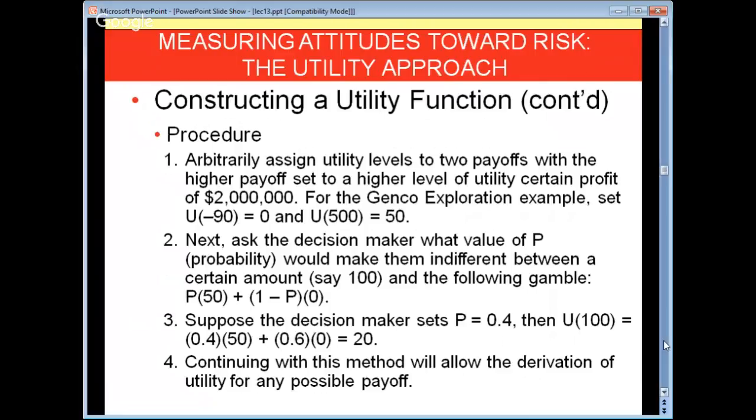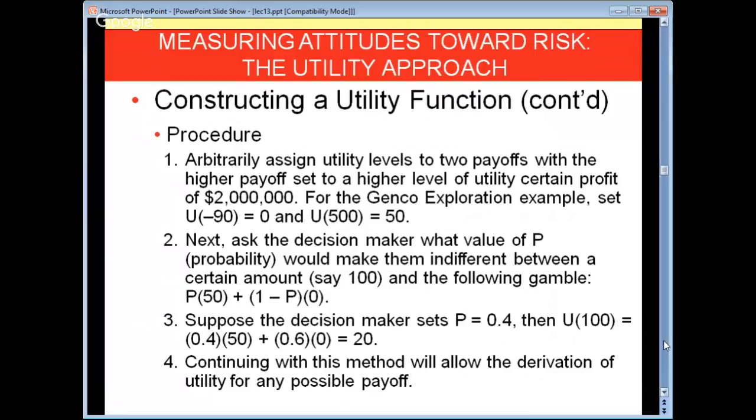Suppose the decision maker says if the probability is 0.4, or P is 0.4. In other words, instead of having a 10% probability of 500,000, you get a 40% probability of 500,000, I'd be indifferent between that and a certain profit of $2 million.